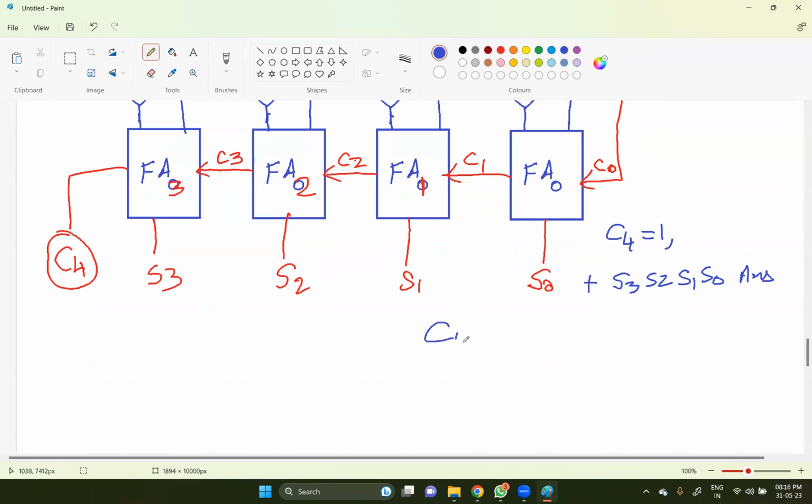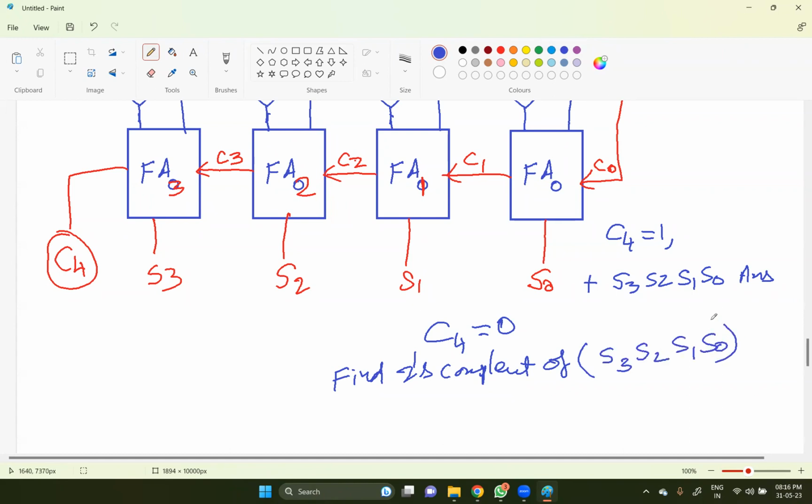If the C4 bit is equal to 0, then what you are supposed to do is find the 2's complement of this particular thing, S3, S2, S1 and S0, and put, as the second step, a negative sign before the output of the first step.